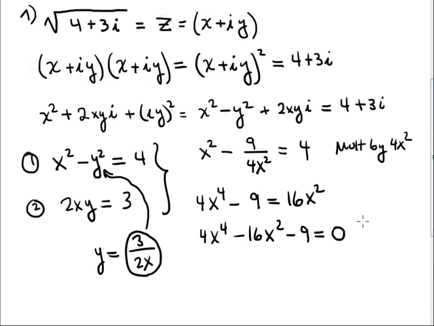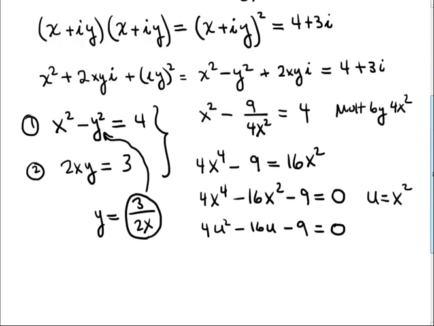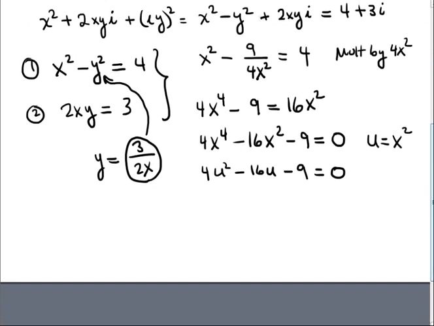Now, this is a quadratic-type equation. So obviously, you solve it using u equals x squared. Therefore, it's 4u squared minus 16u minus 9 equal to 0. And you solve this using the quadratic formula, where a is 4, b is -16, and c is -9.